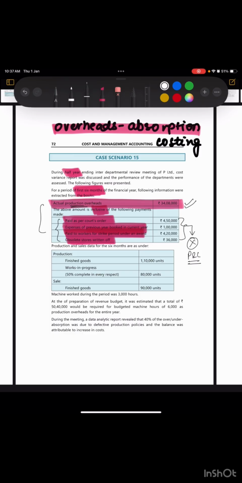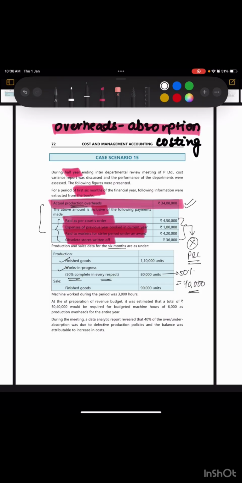Now the production and sales for the next 6 months are given below. The production is for finished goods, and there is work in progress, which is 50% completed. In absorption costing, we need to find the work in progress equivalent units. Since it is 50% complete, we multiply by 50%, and equivalent units will be 40,000.